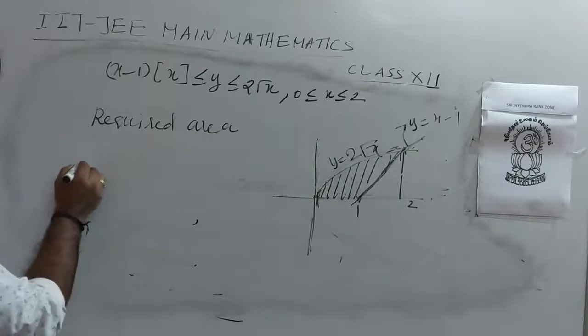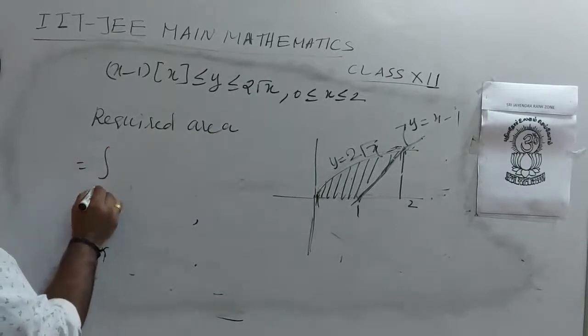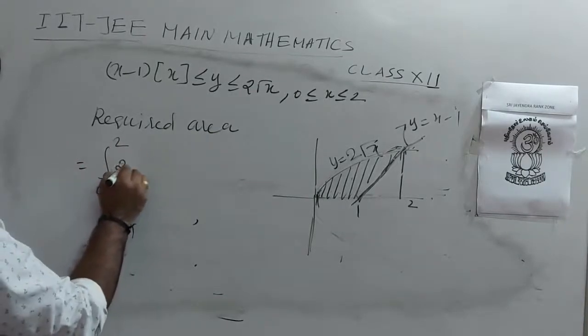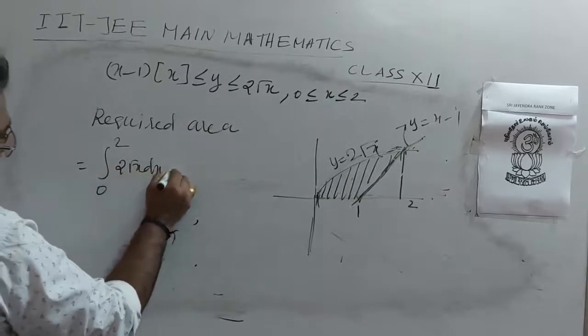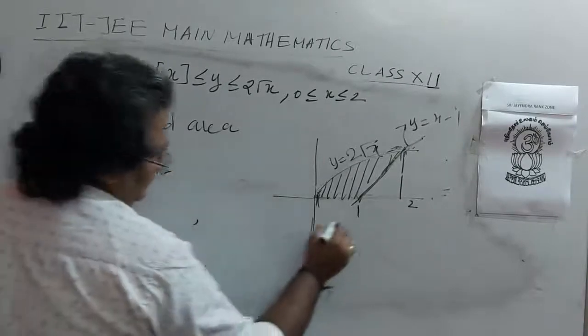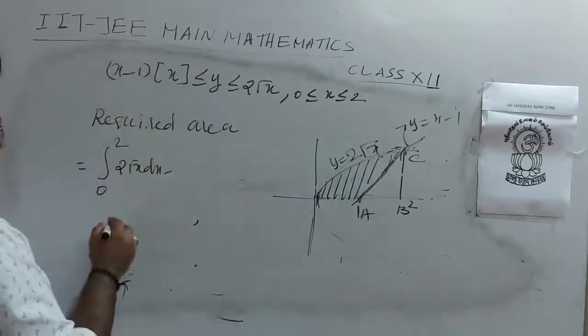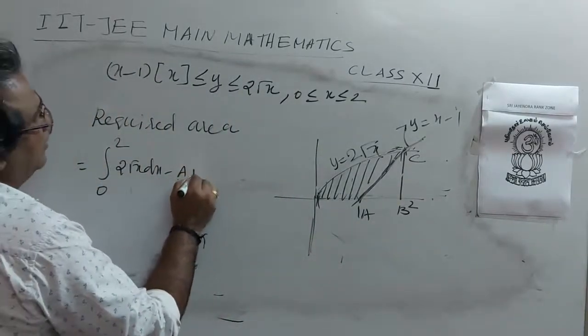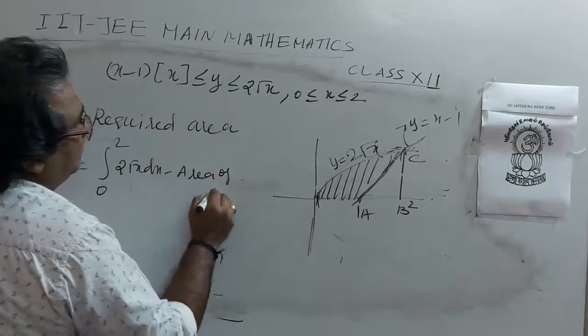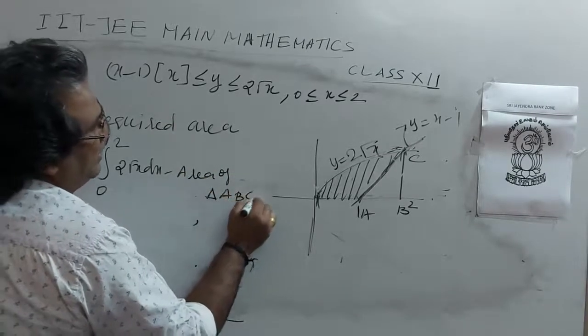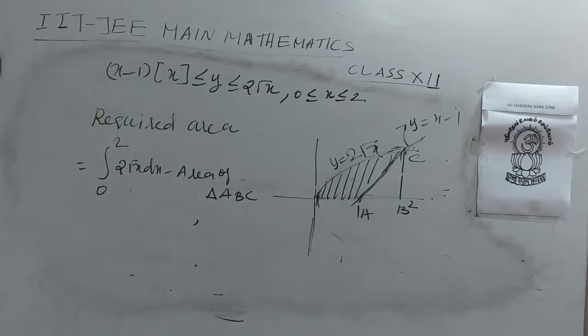Required area: integral 0 to 2 of 2 into root x dx, minus the area of triangle ABC.